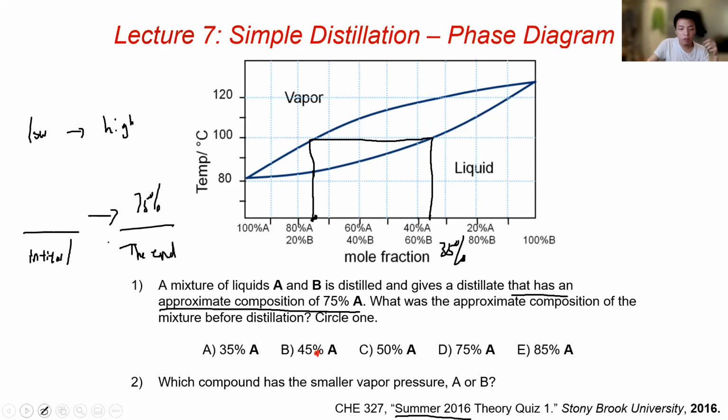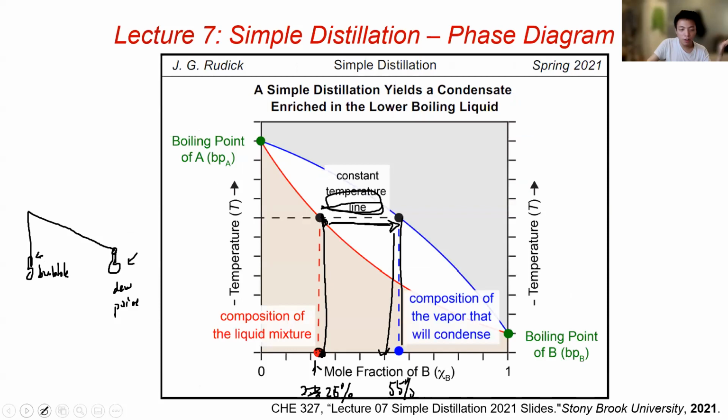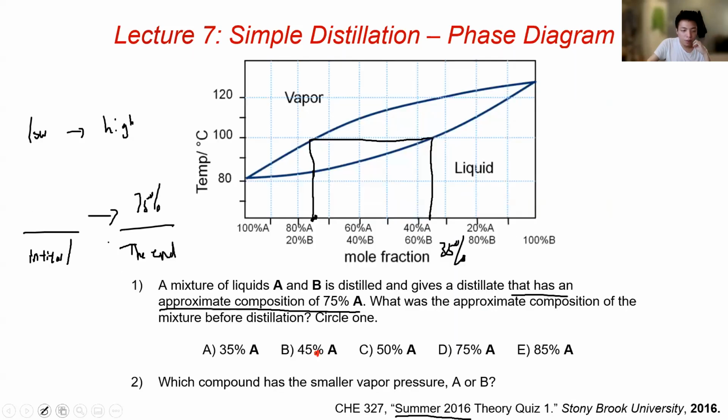So this is basically the reverse of what we had before. This is our starting point, we draw a straight line across, and then go back down, that will be the end. But when we do the reverse, this is our beginning. And that's why it's 35%.